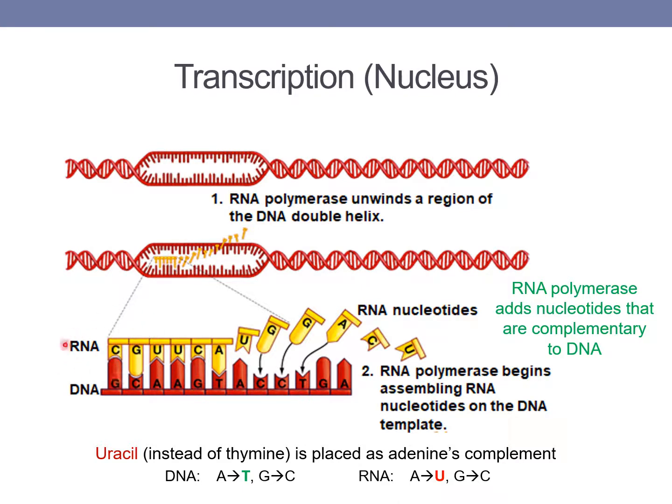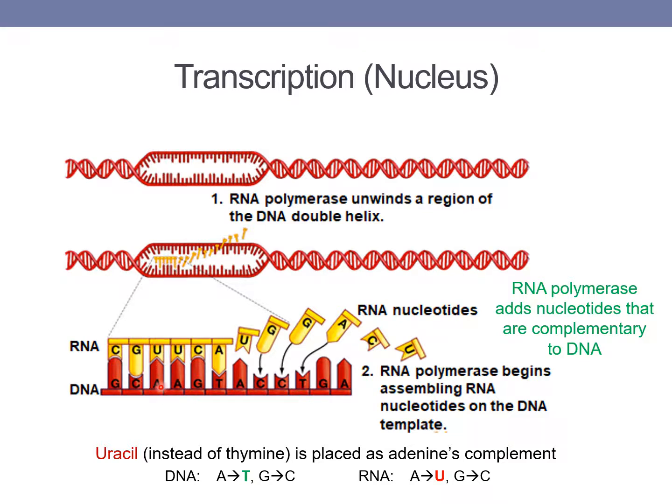The RNA polymerase is going to add nucleotides that are complementary to that strand of DNA. So wherever you have a G on the DNA strand, you're going to have a C that's going to be base paired on the RNA strand. The same as if you have a C on the DNA, you'll see a G on the RNA.